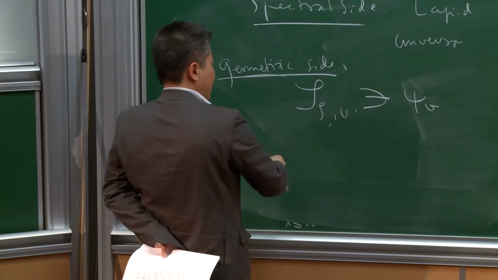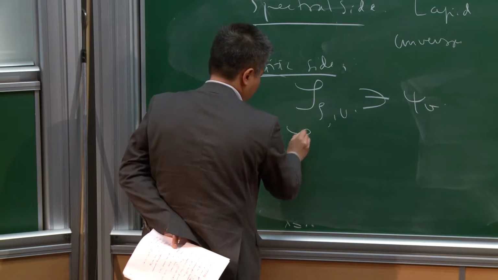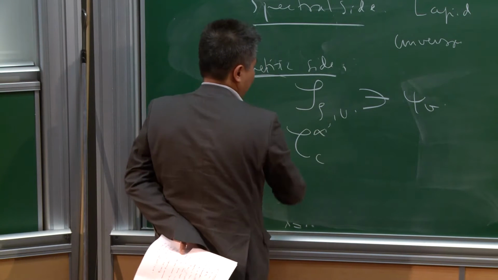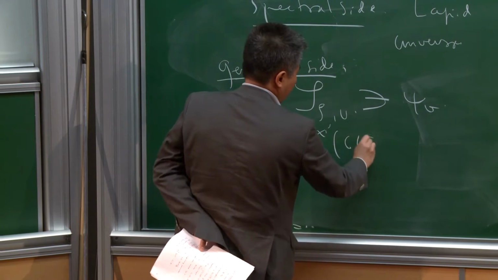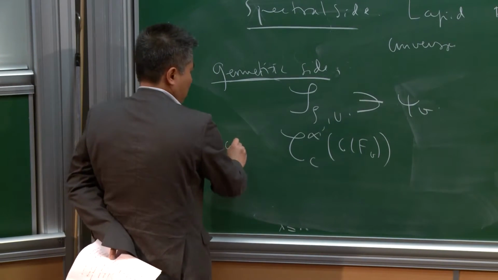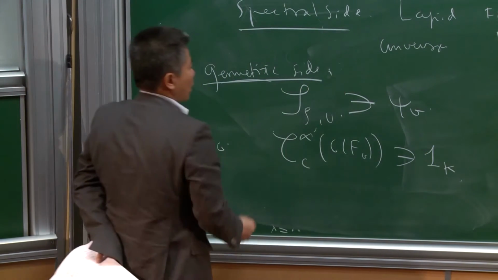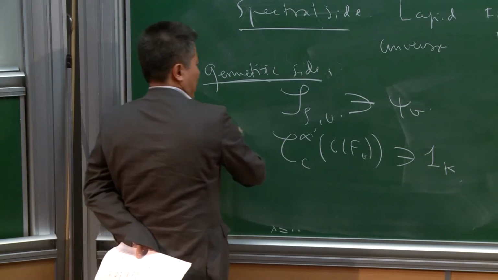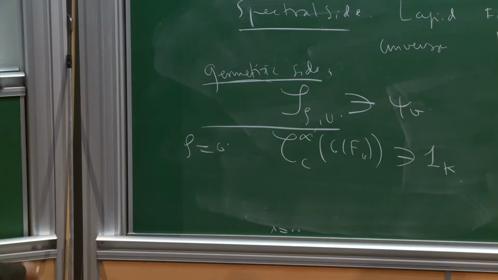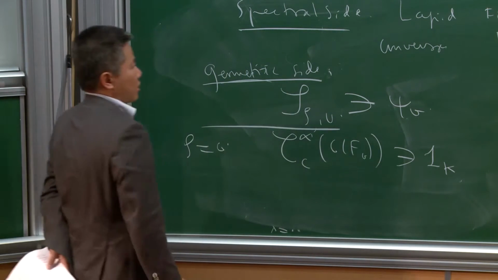That would replace the usual case when you have this space of functions that are compactly supported and smooth on G(F_v), which is rho equal to 0. And then you have the characteristic function of K. For every rho, at least as far as I understand, that's what Braverman and Kazhdan proposed: there should be this Schwartz space depending on rho with this basic function.